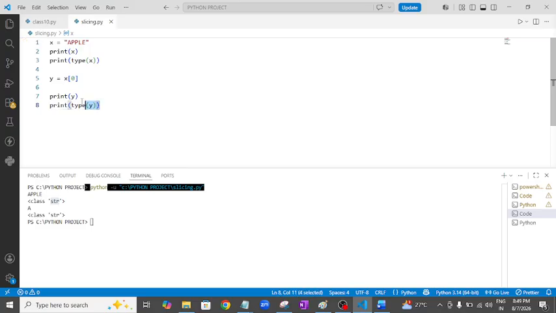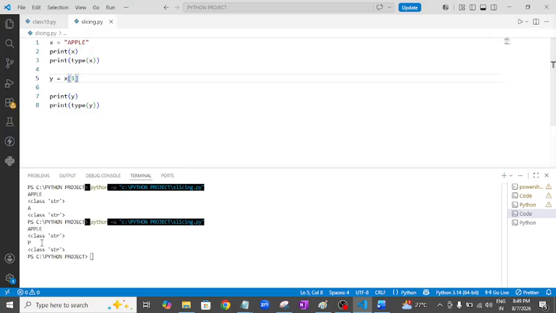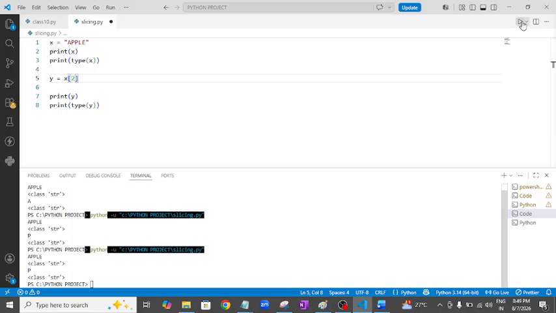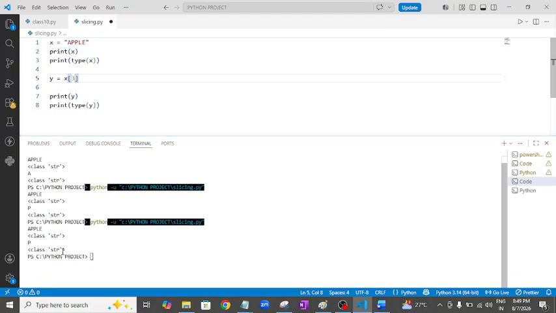Now we come to the value of y. 0. Then again, if I go and say 1, let's run. 1 is nothing but p. Then if I say 2, it is again p. You can keep on checking the output here.